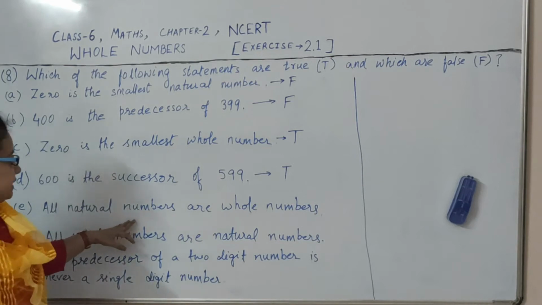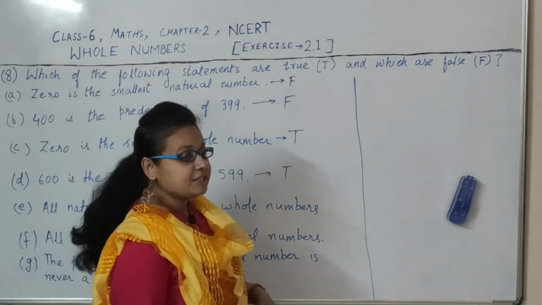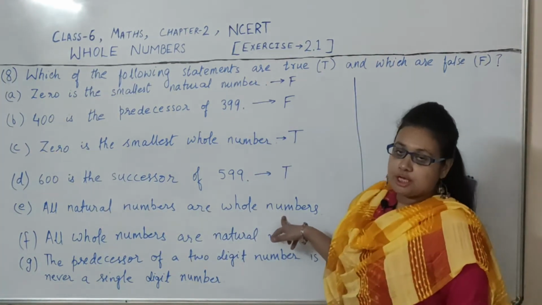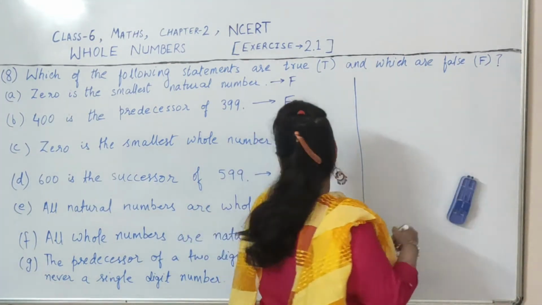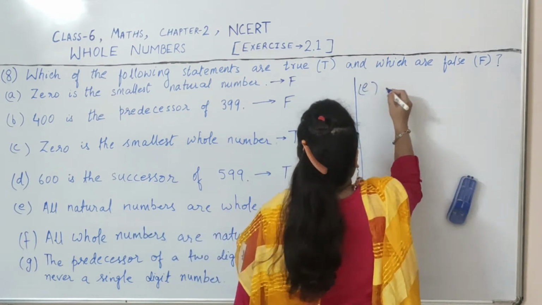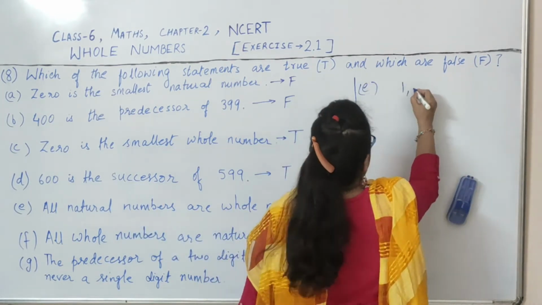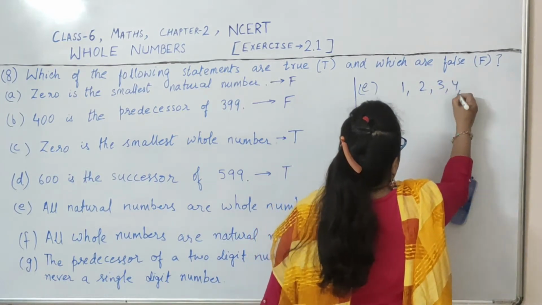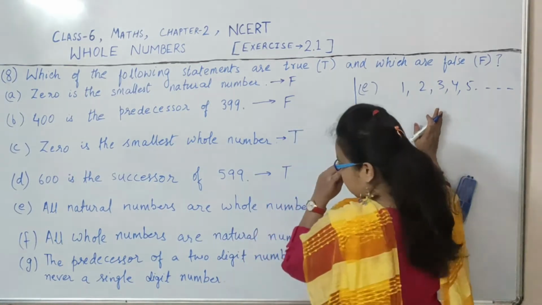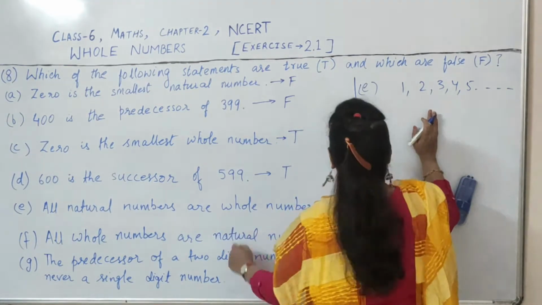Is it a true statement or a false statement? All natural numbers are whole numbers. So we have seen what are natural numbers. This is question number E. What are natural numbers? Natural numbers are 1, 2, 3, 4, 5 and so on. What are whole numbers?